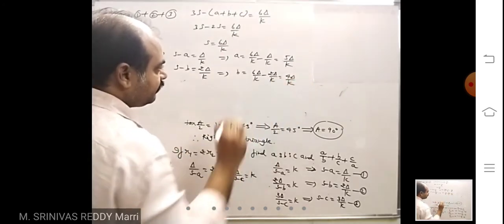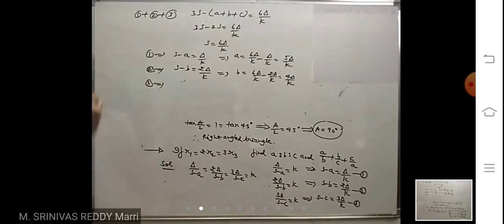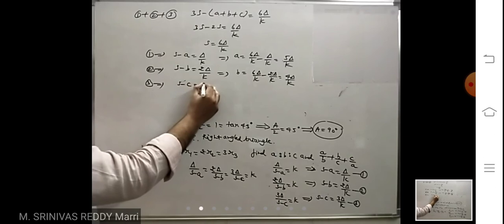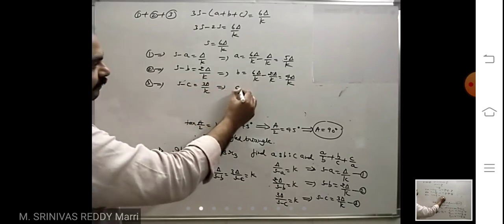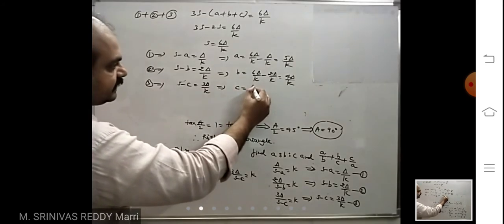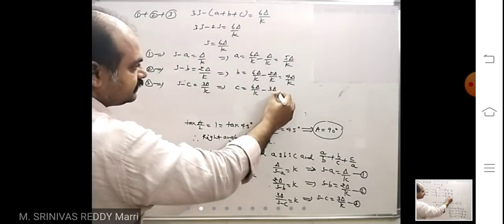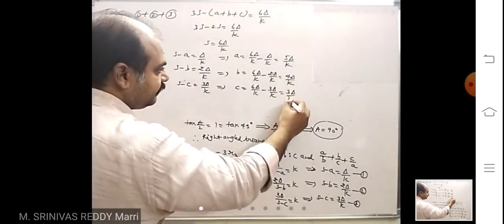That means 4 delta divided by k. Third equation implies s minus c equals 3 delta by k. That means c is nothing but 6 delta by k minus 3 delta by k. That means 3 delta by k.